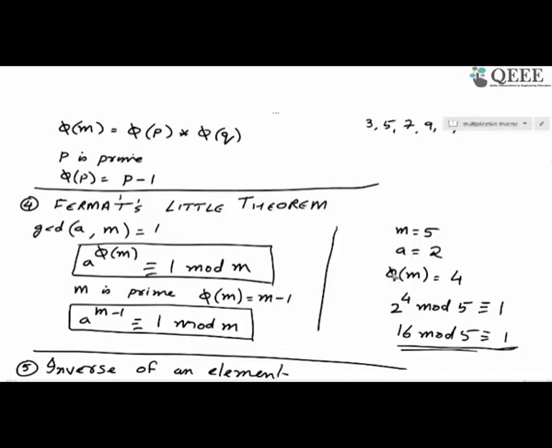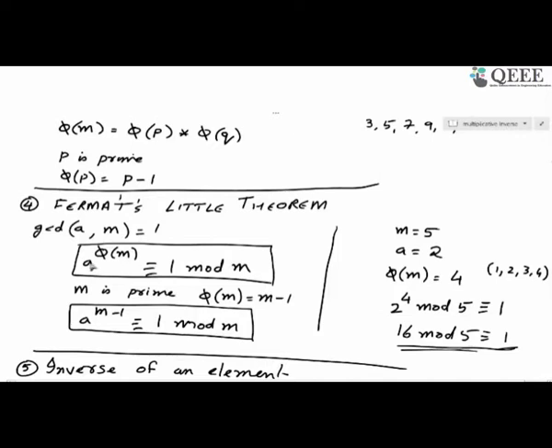Then phi of m is the number of numbers which are relatively prime to 5. Since 5 is a prime, that number is 4, that is 1, 2, 3 and 4. All of them have a GCD of 1 with respect to 5. So phi of 5 is 4.